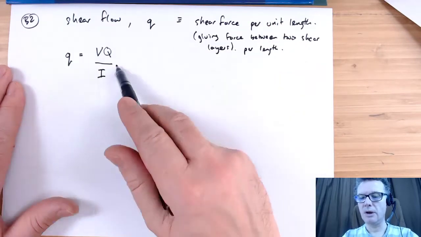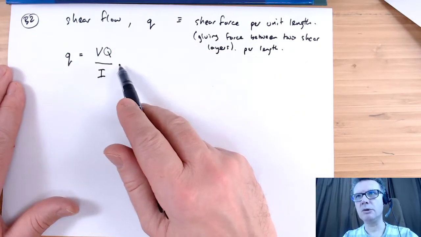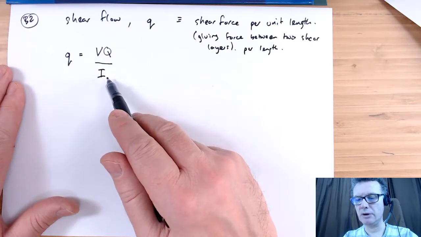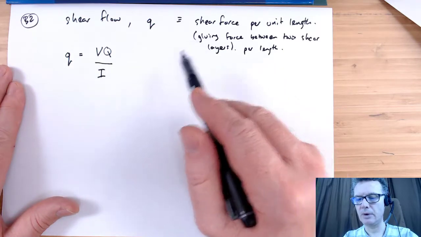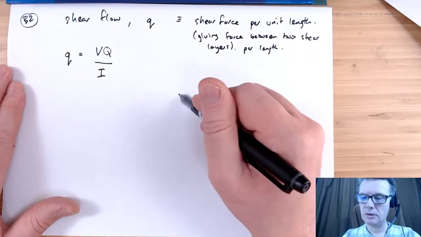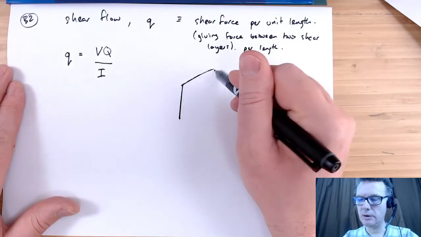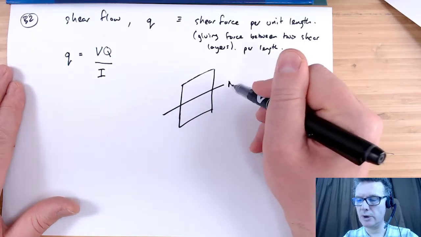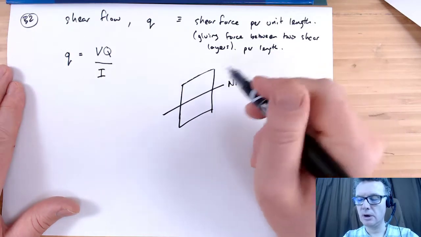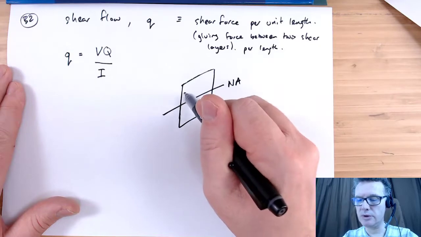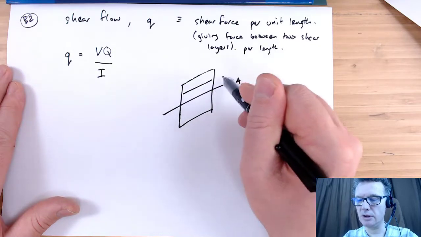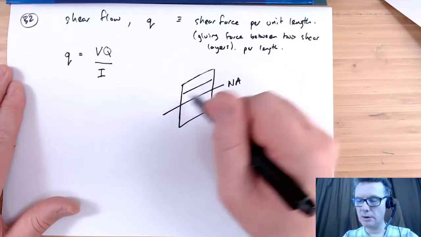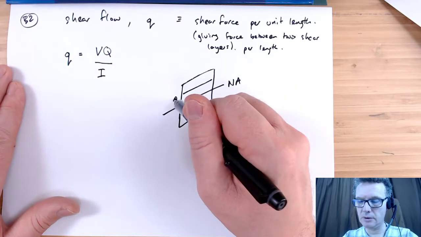Okay, so it's not too clear what I'm talking about for the Q's, so let's draw a diagram for that. We'll do just a square beam with a neutral axis, and I want to find what Q is at this location here. We'll call that y.